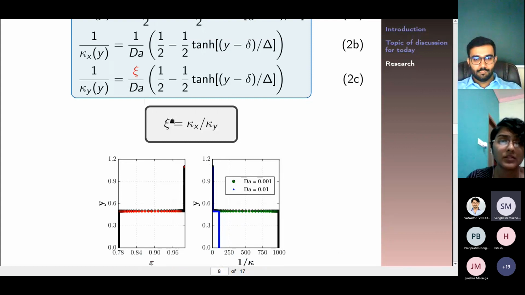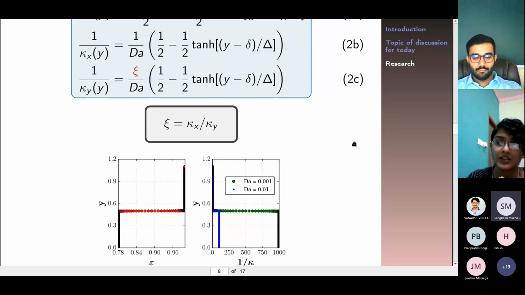And this parameter, which we call zeta, is the ratio between the permeabilities of the streamwise and the cross-stream directions. So this is the anisotropic parameter. We call this zeta the anisotropic parameter. From the definition itself, we can see that when the value of zeta is high, the porous matrix is more permeable in the streamwise direction and less permeable in the cross-stream direction.